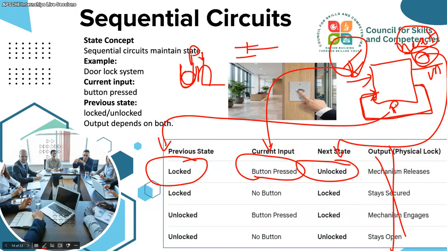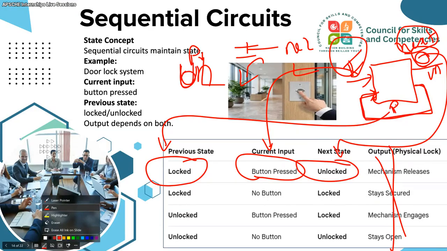In the current input, if we press the button again, the next state will be locked. In that way, if you look at it in terms of state, it will be easy. Hope you guys are able to understand.